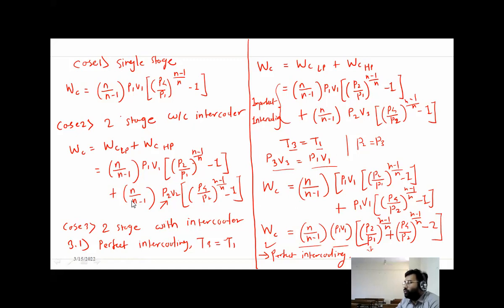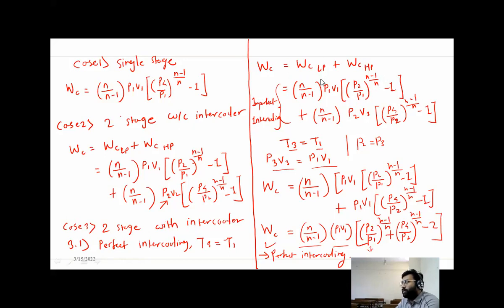And the third case is 2-stage compression with intercooler. In that, sub case 3.1, write down imperfect intercooling. The formula will be work in low pressure plus work in high pressure.